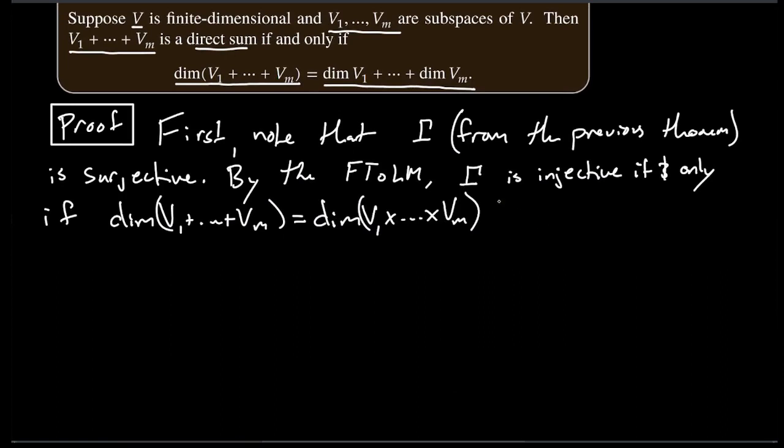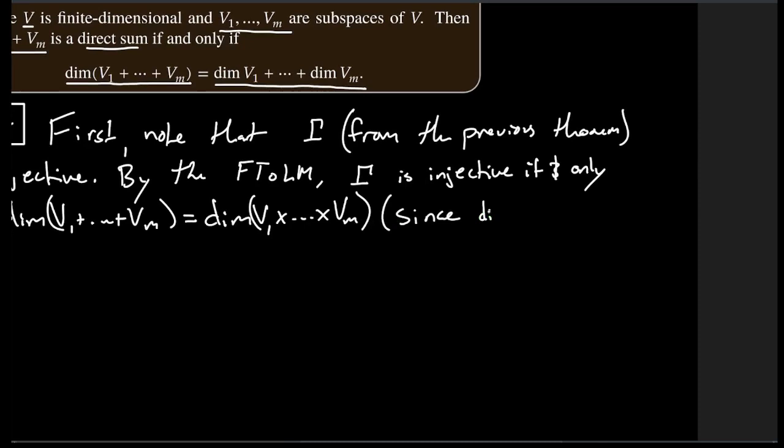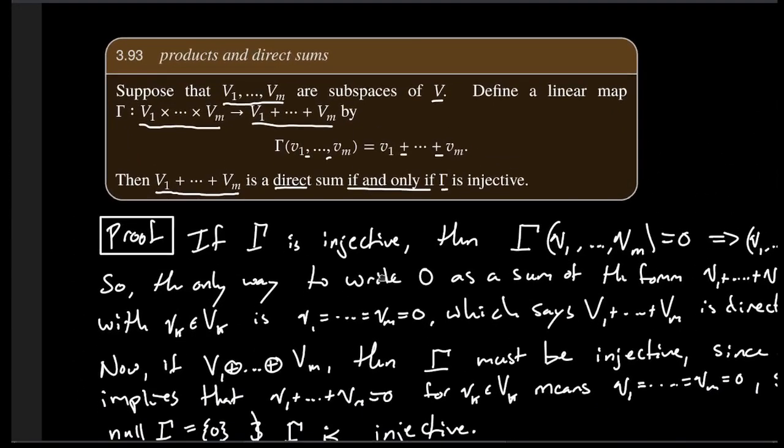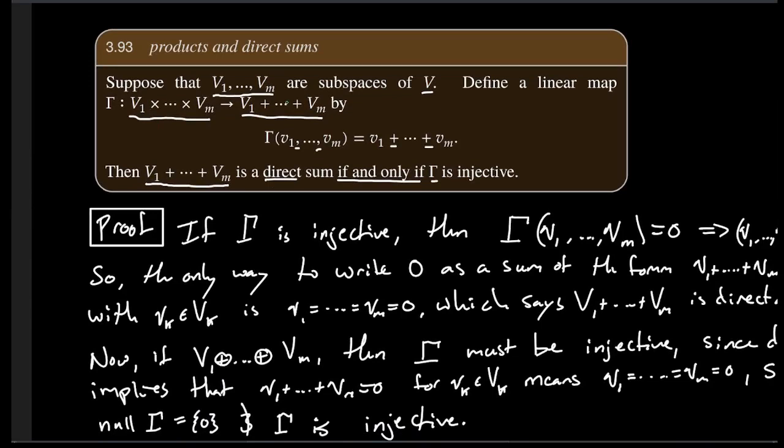So, since the dimension of the product is equal to the dimension of the null space of gamma plus the dimension of the range of gamma, that is, dim V for a map from V to W is equal to dim null of that map plus dim range of that map.